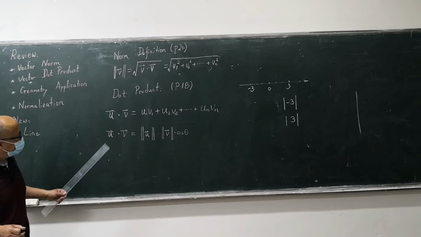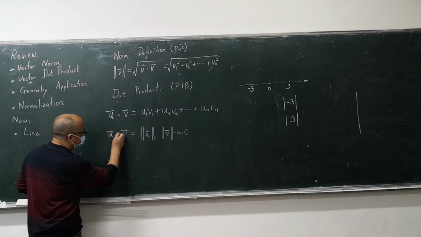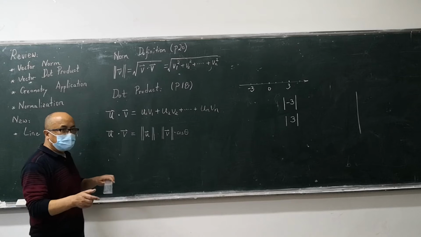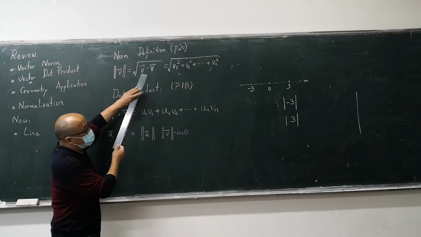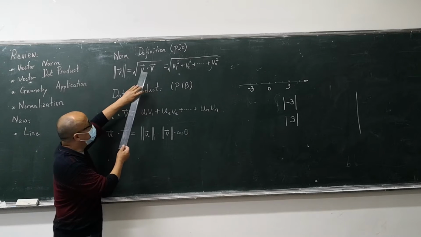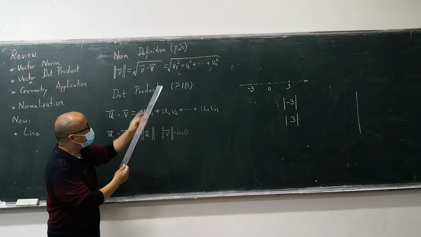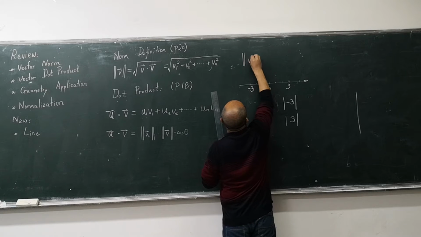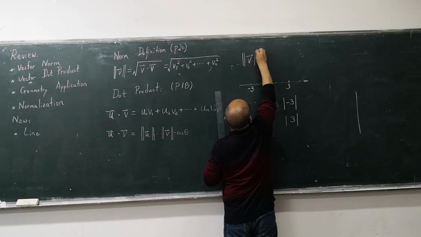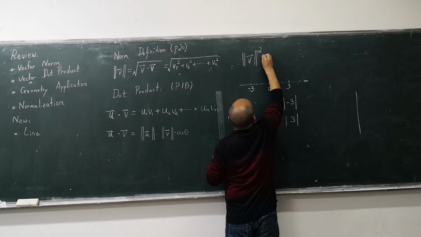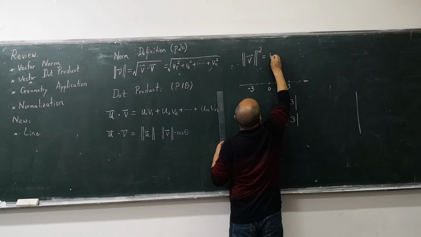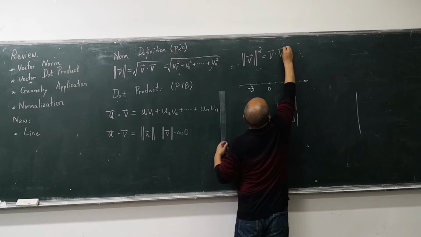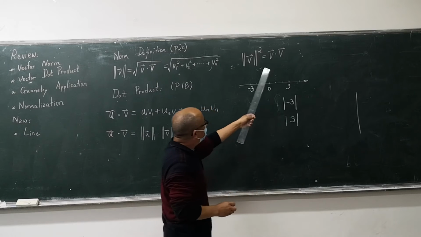Dot product. Back to the norm. It's the vector dotted with itself. Sometimes we use this, sometimes we use that. The square of the norm is equal to the vector dot itself.